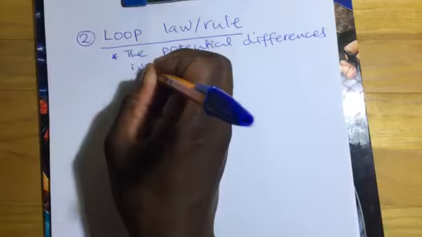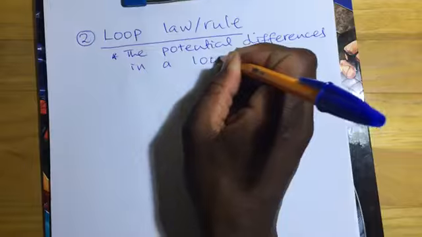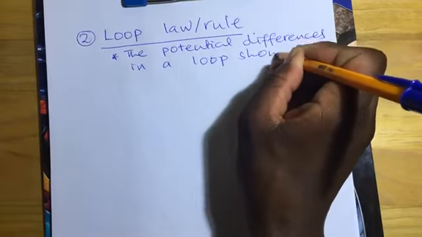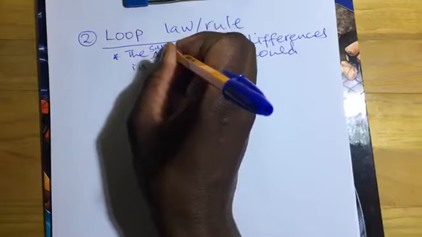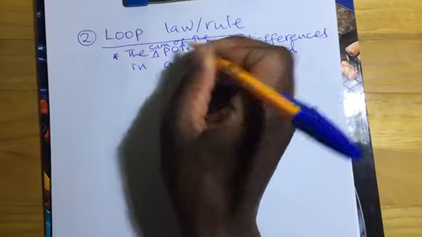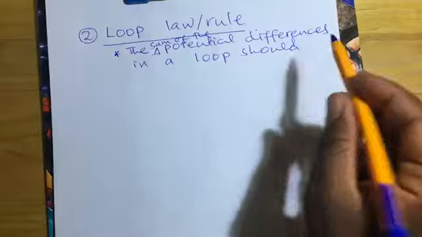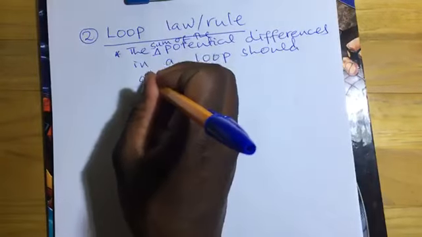The sum of the potential differences in a loop should add up to 0.